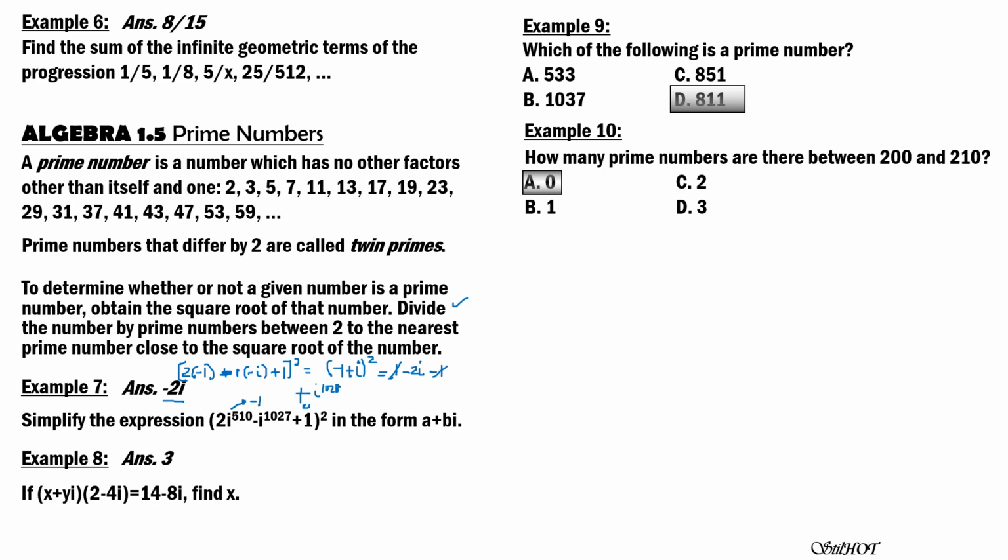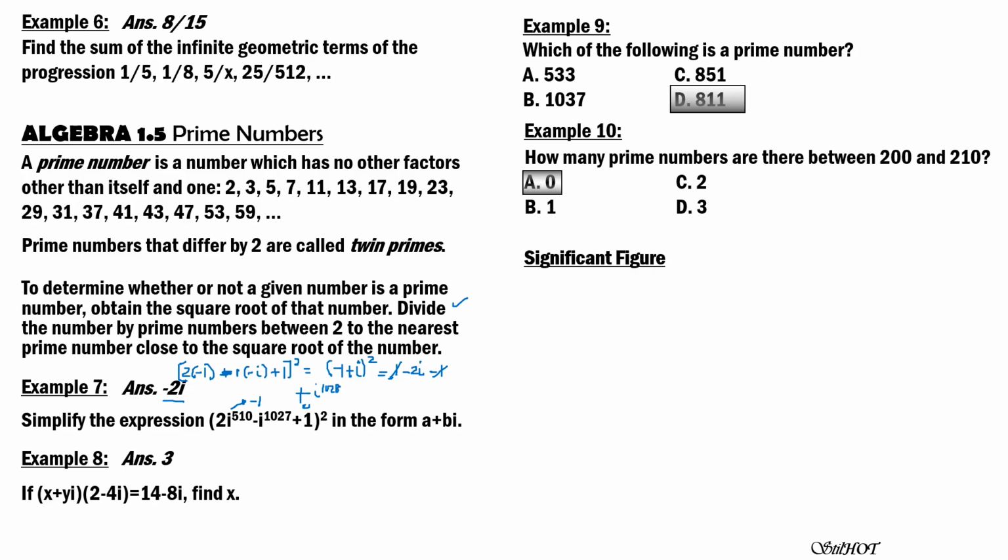So there are none. 201 is not a prime number. 202, of course. 203 is also not a prime number. 210 is also not a prime number. So show that there is no prime number between 200 and 210.